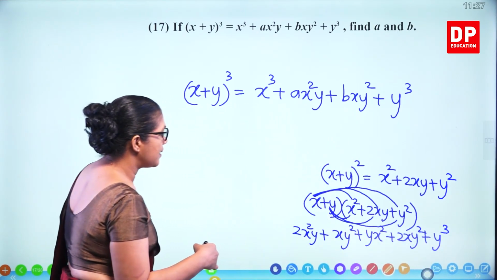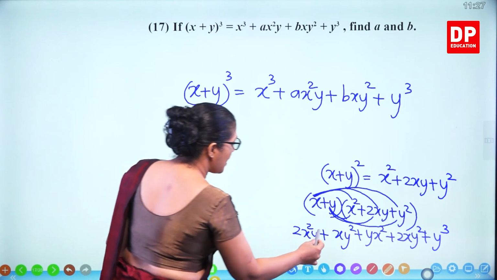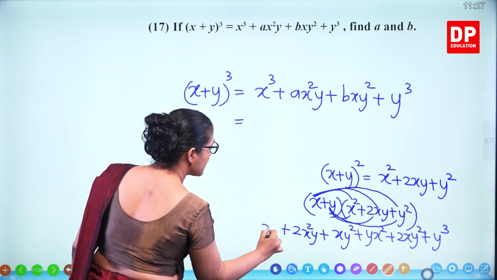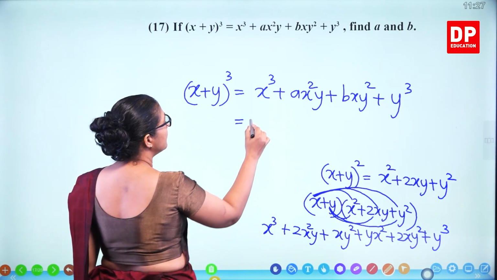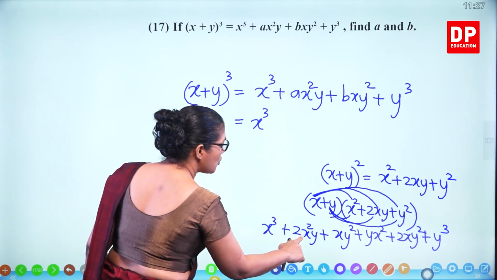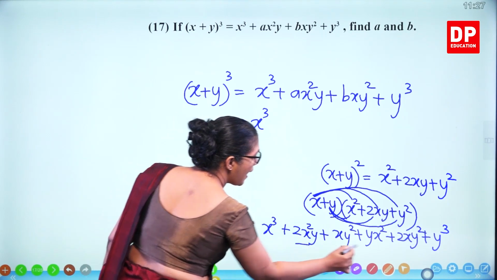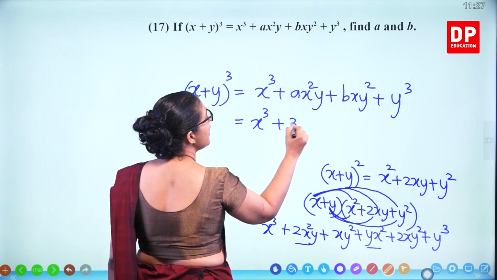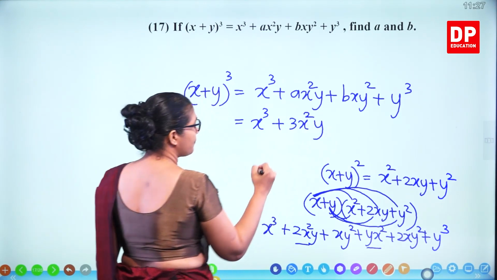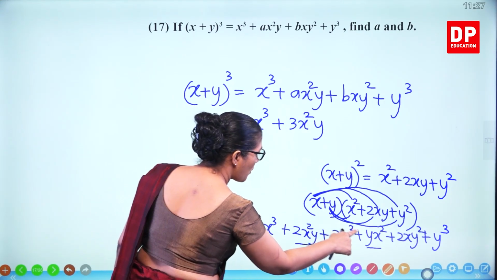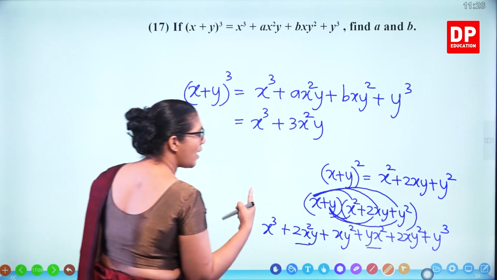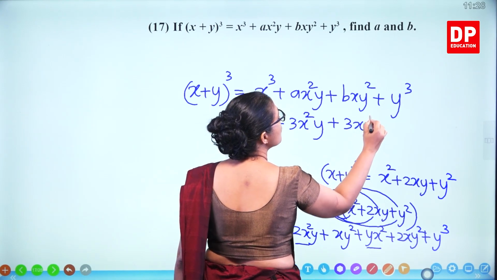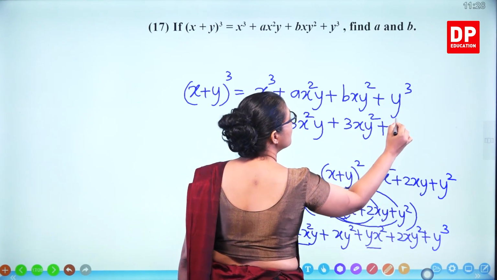Now when you add, what happens? So you get x cubed, we did write that, x cubed, 2x squared y and yx squared, same term. You get 3x squared y. This term xy squared and 2xy squared, same term. That's also 3xy squared. And you get y cubed.